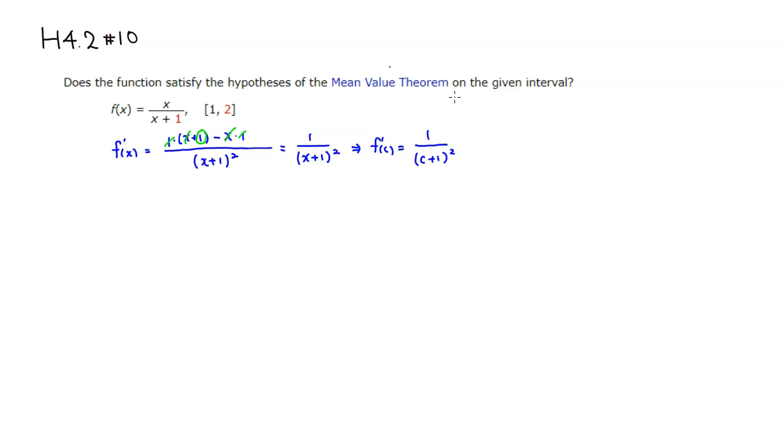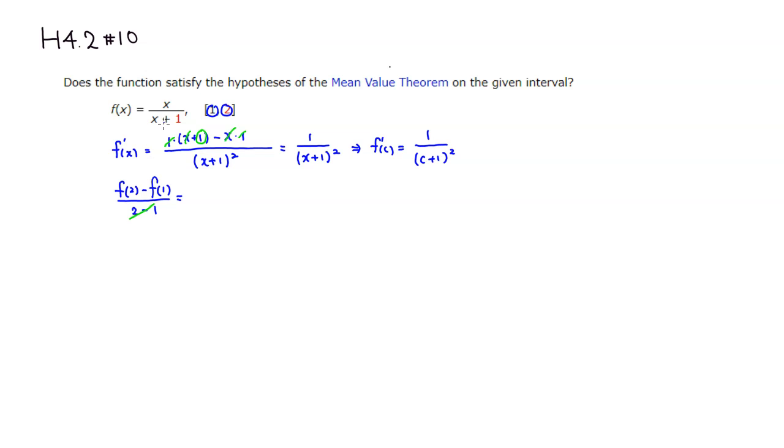Then we have to look at the difference quotient. So we have f of b, which is 2, minus f of a, which is 1, over b minus a. The denominator is going to be 1 anyway, so dividing by 1 doesn't do anything.